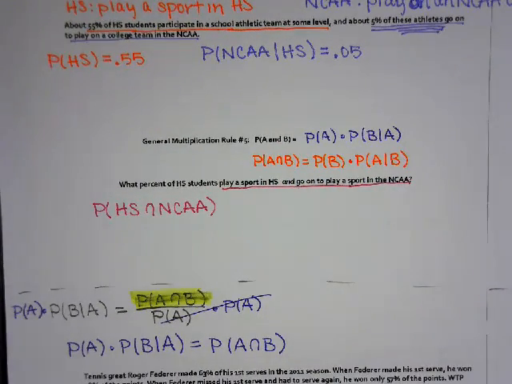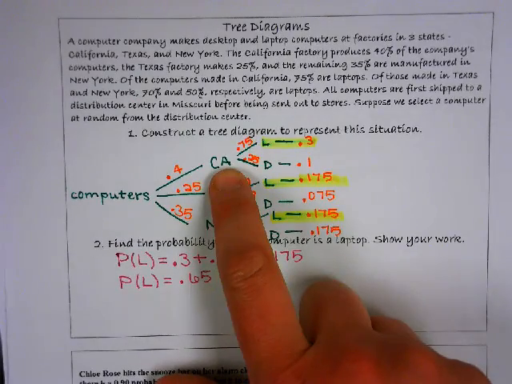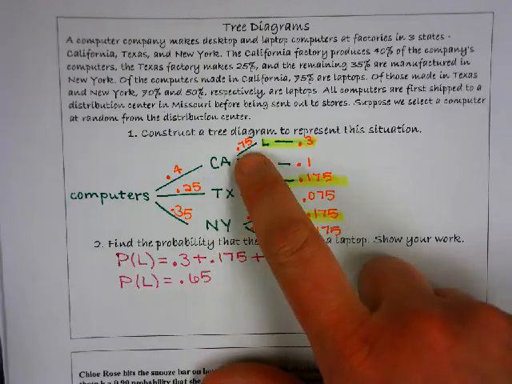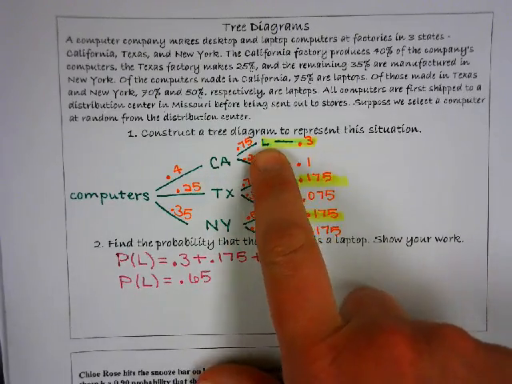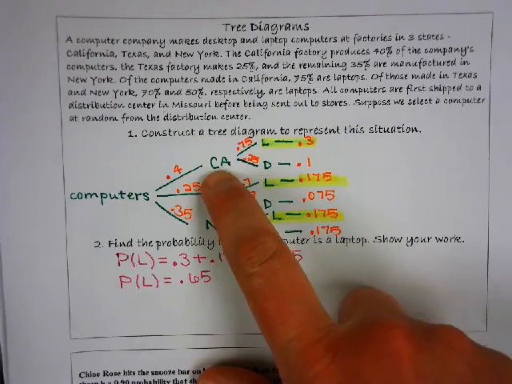So we had the probability of A, the computer being made in California, times the probability of the computer being a laptop, knowing it was made in California. And so we were finding our general multiplication rule with our tree diagram.